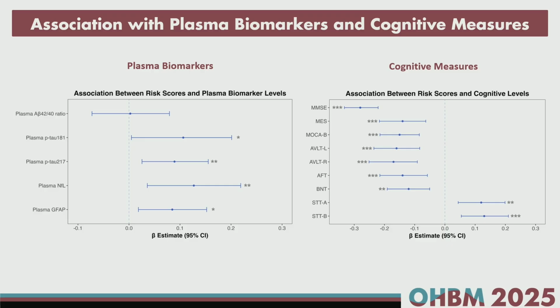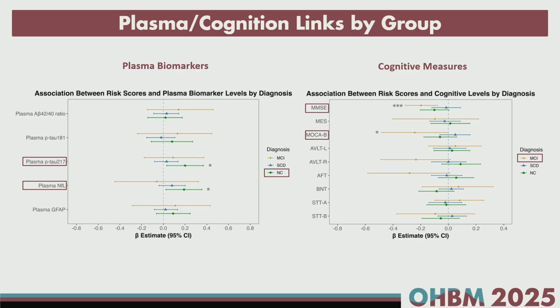Next, we find that the brain MRI-based risk scores are correlated with most plasma biomarkers and cognitive measures across the whole dataset. It's not that surprising, because it may be driven by the between-group differences. I think what's more important is that if we look into each group, we can find that plasma biomarkers such as p-tau217 and NFL are correlated with the brain-based scores in the healthy control group.